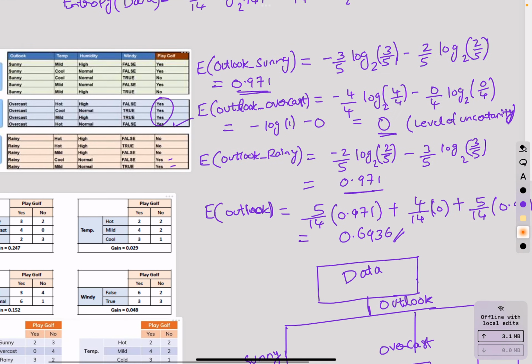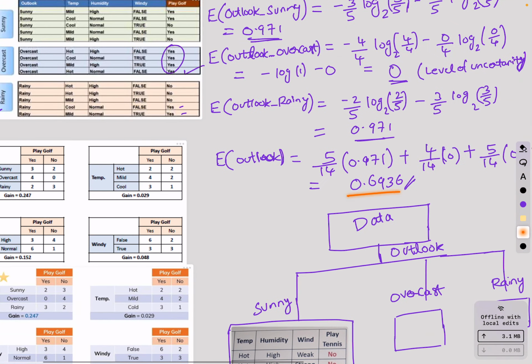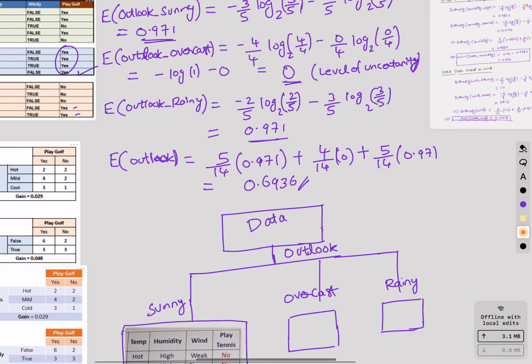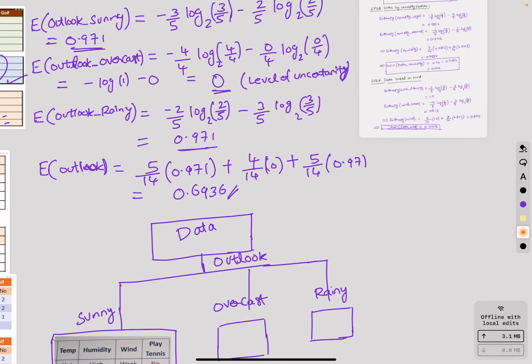But when I divided my data into 3 subsets based on outlook, and then had entropy at each level, and combined them, the weighted average entropy turns out to be 0.6936. So definitely the entropy has reduced, isn't it? And what is the reduction in entropy? The reduction in entropy is the information gain.